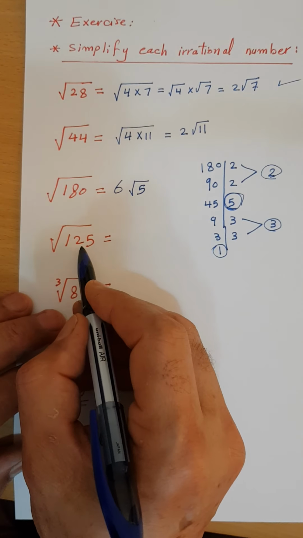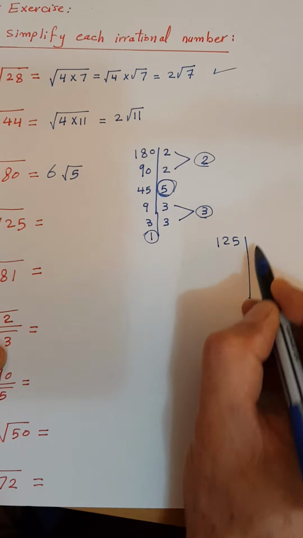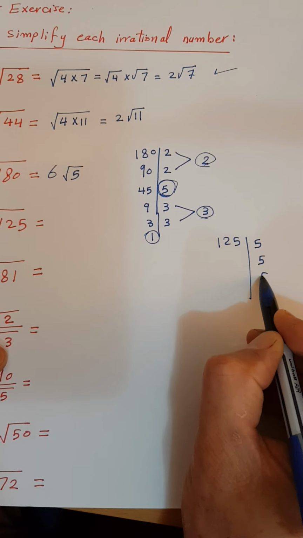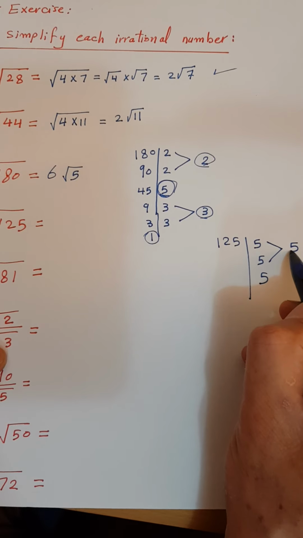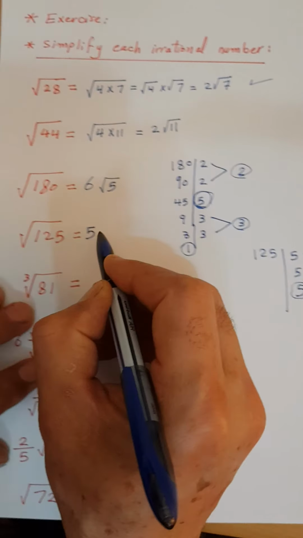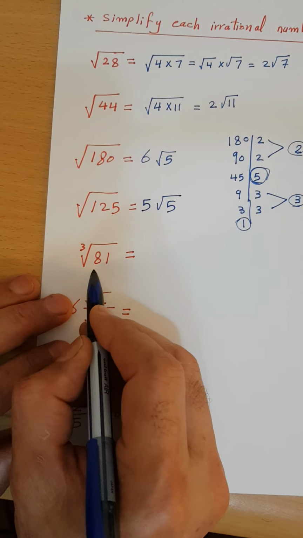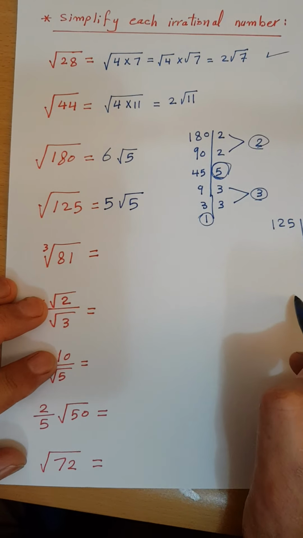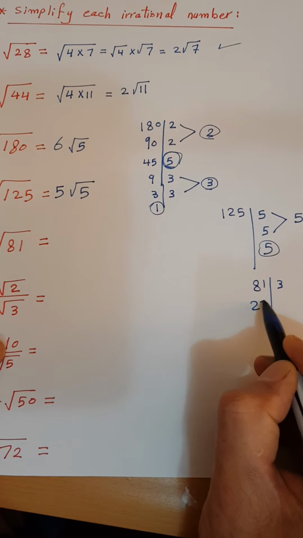The same way, 125. When you factorize it, you get 5 times 5 times 5. Two of them, take 5 outside and leave the other under the radical sign. 5 radical 5. How can I simplify the cube root of 81? Also the same way. 81 divided by 3 is 27.